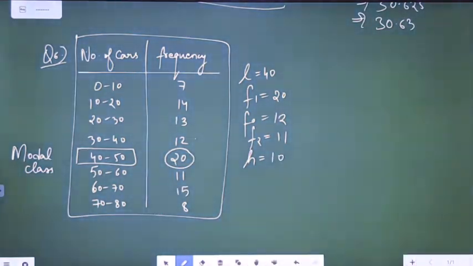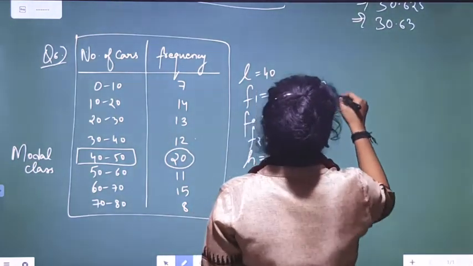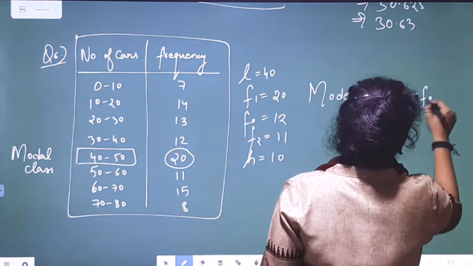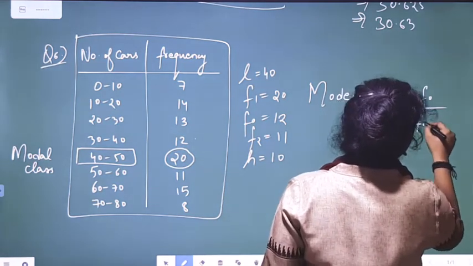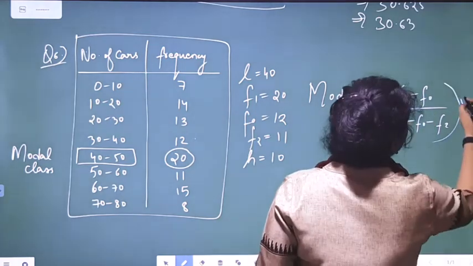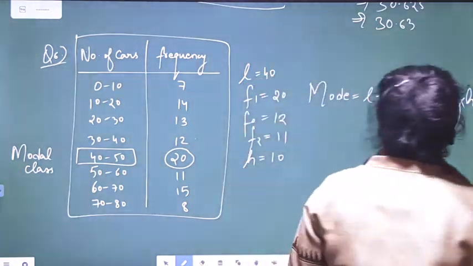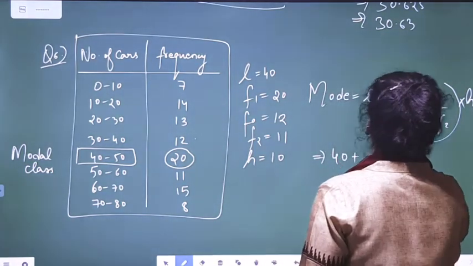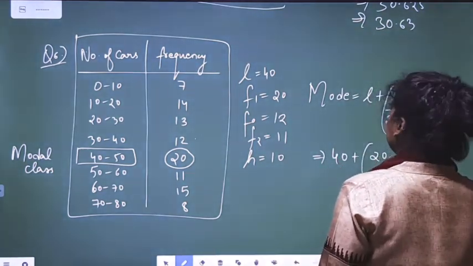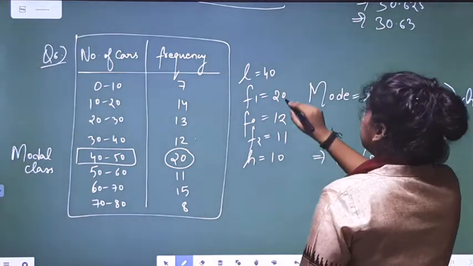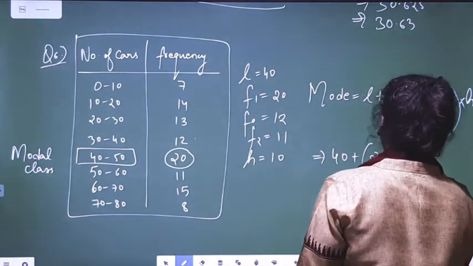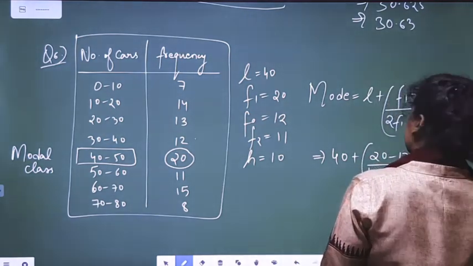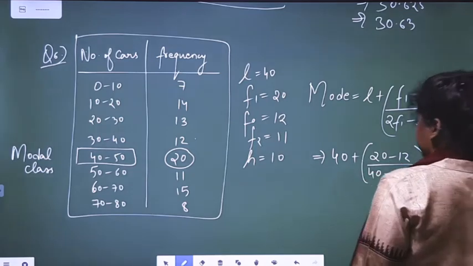Now for the calculation of mode, we apply the formula L plus F1 minus F0 upon 2F1 minus F0 minus F2, into H. Keeping all the values in this formula, we get 40 plus 20 minus 12 upon 20 into 2 gives us 40 minus 12 minus 11, into 10.